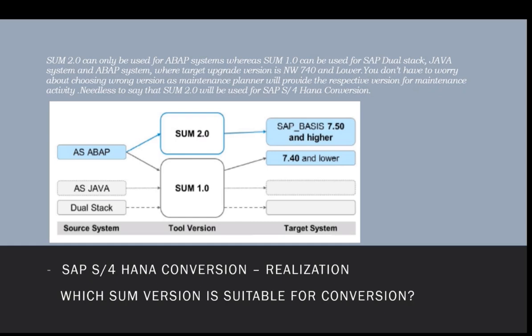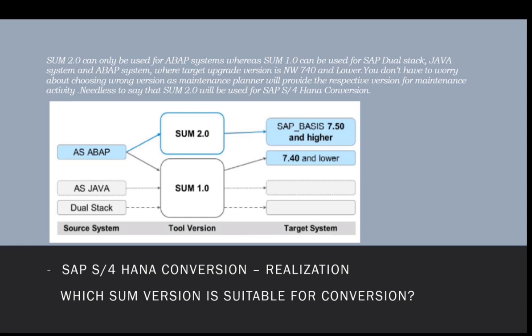Whenever your source system, which is going for the conversion, is running on HANA database, we call it SoH, Suite on HANA. For example, if you have an ECC EHP6 system and its database is HANA database, it will be called SoH, that is Suite on HANA.